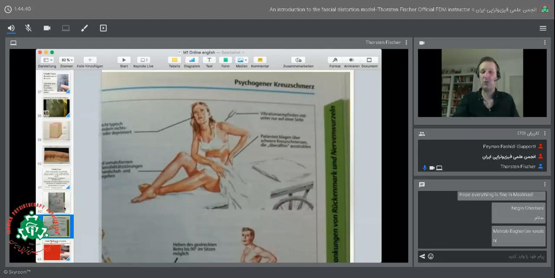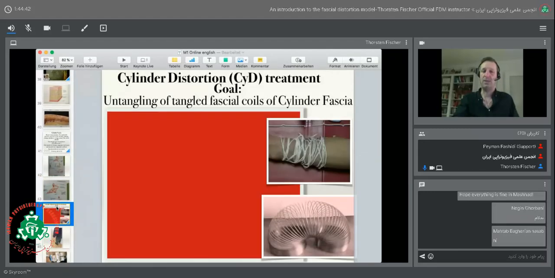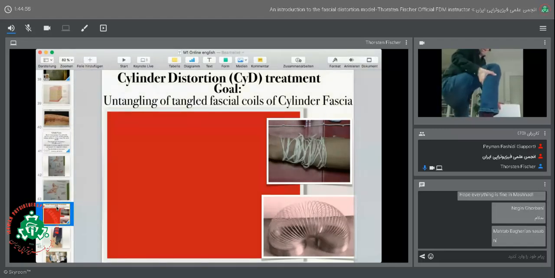So how do we treat them? By manual therapy. It's very easy. For example, if we have a patient who has cramps and who shows you like this, then I'm doing the same. I'm using my hand and I'm just going down the leg, for example, or the lady who had restless legs. I just follow this pathway in the direction the patient showed.